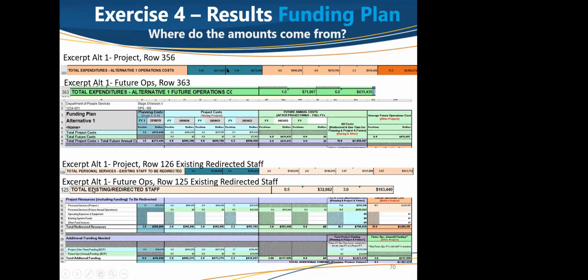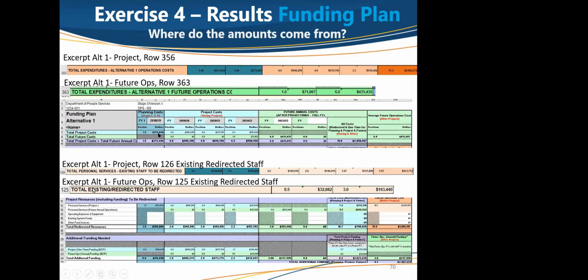We went over how this is in here for your reference, that if you went to Alt 1 project row 356, these are the totals. On the funding plan, those same totals are on this sheet. If you look, that's 273,494, that's 273,494.